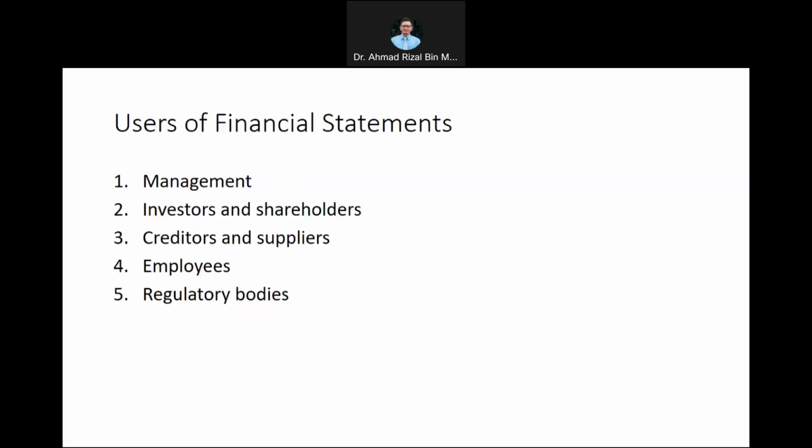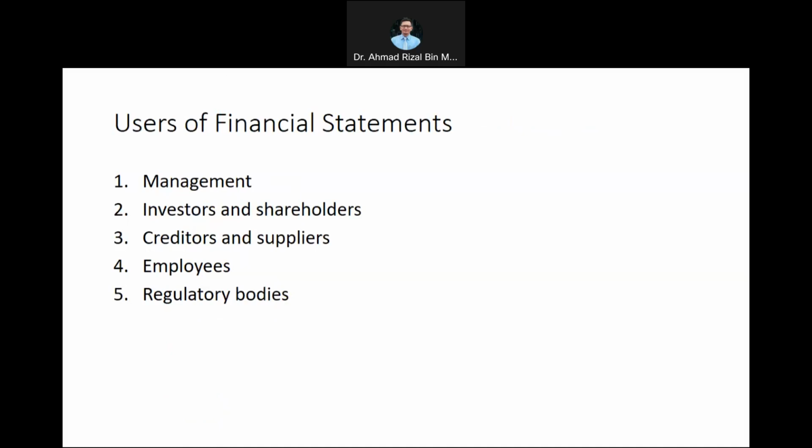The users, there are various users, of course, but the 5 listed here are considered the main users of financial statements. Number 1 would be the management, of course, to play their role in managing the company: planning, directing, controlling. They need to make good decisions and informed judgments.